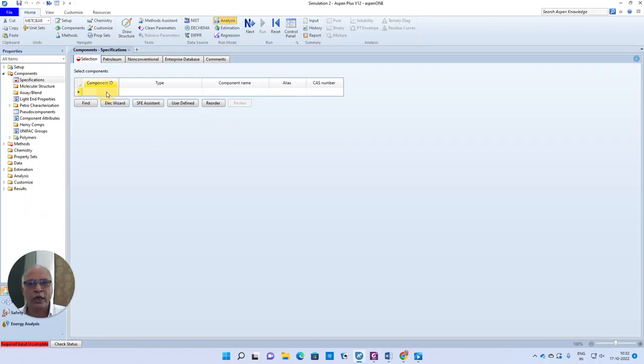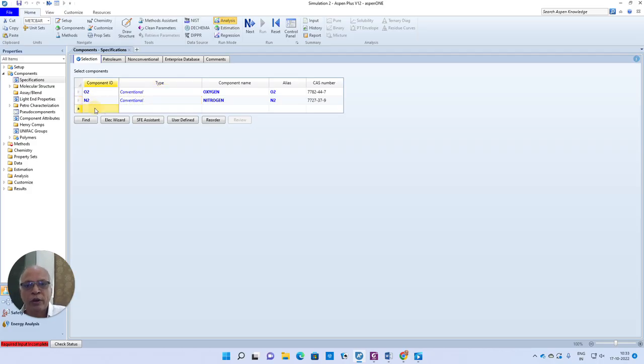First of all, define all the components, especially when you are using air for combustion. Though air is available as a component in Aspen, because air itself is not going to participate in the stoichiometric chemical reaction, it is better to identify that as a mixture of oxygen and nitrogen.